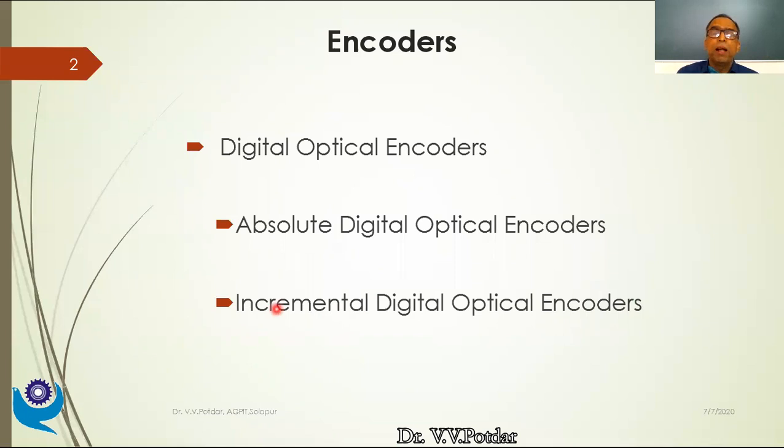Incremental encoders are comparatively cheaper, and they are used for understanding the angular velocity, the angular distance traveled, or the linear distance traveled. Whereas if I want to know the exact position of my actuator or a device, there I use absolute digital optical encoders, and we'll study the applications later on.